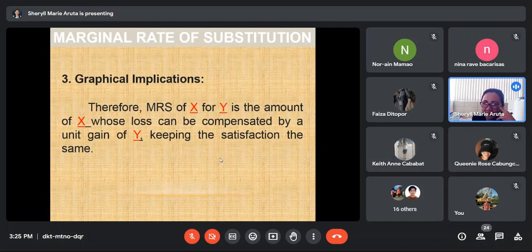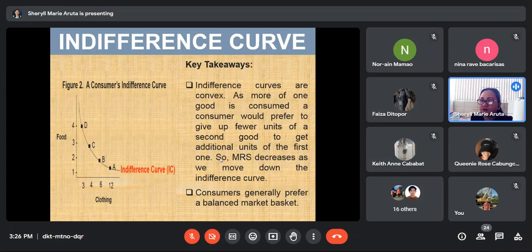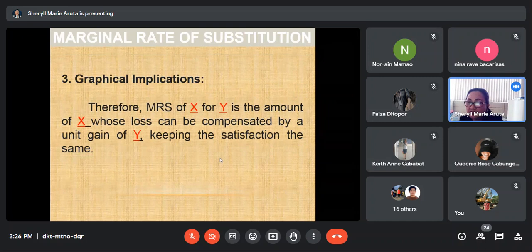Therefore, in the exam, the one I highlighted in red is the one that changes first. Therefore, the marginal rate of substitution of X, clothing, for food is the amount of clothing whose loss can be compensated by a unit gain of food, keeping the satisfaction the same. So that is what we explained here. X and Y are generic, because it will depend on the problem given in the exam tomorrow. Okay?